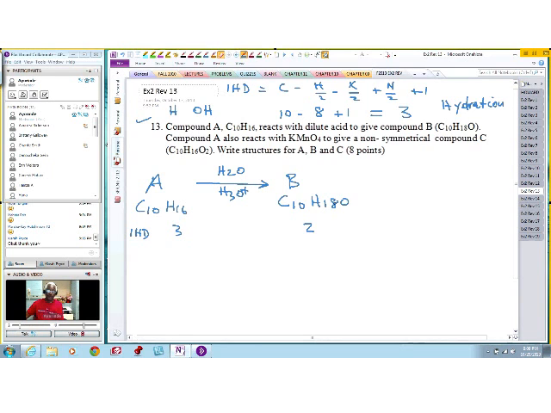If we react this and end up with only 2 index of hydrogen deficiency, what that is telling us is that compound A must have 1 double bond and 2 rings.